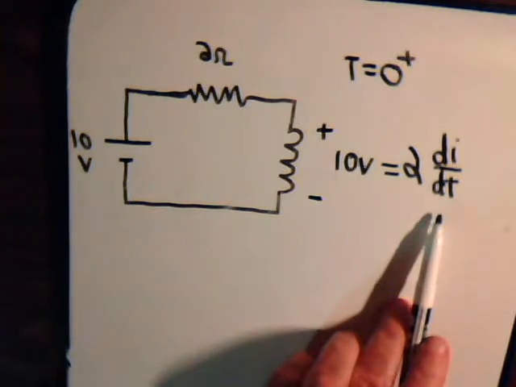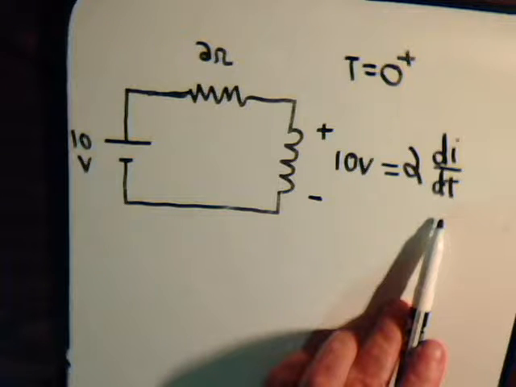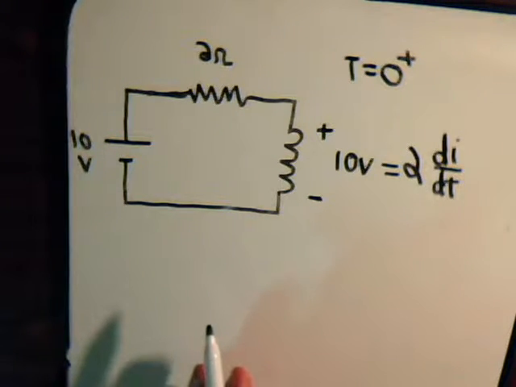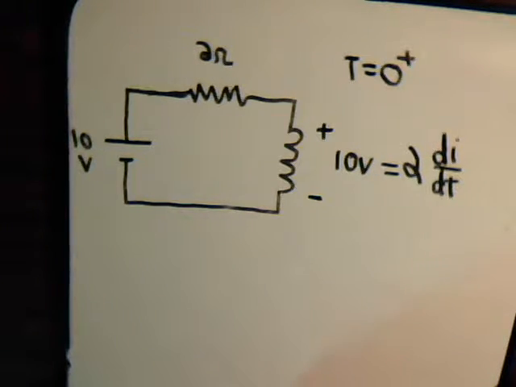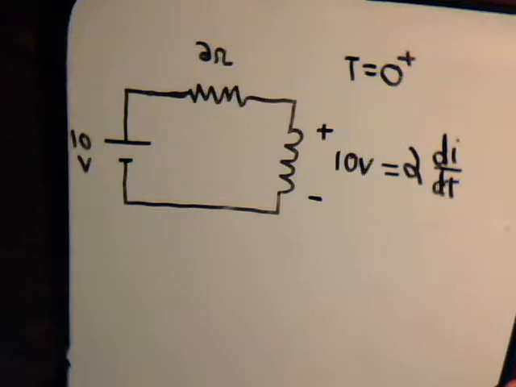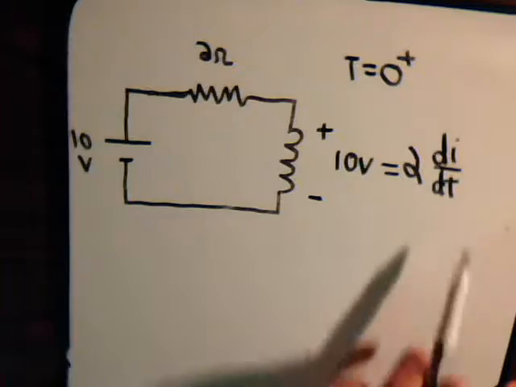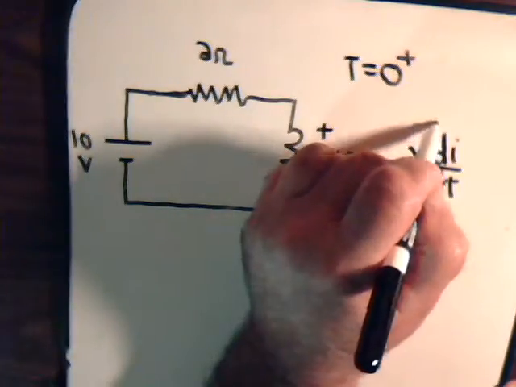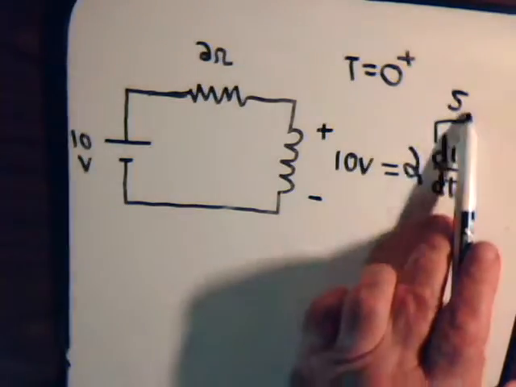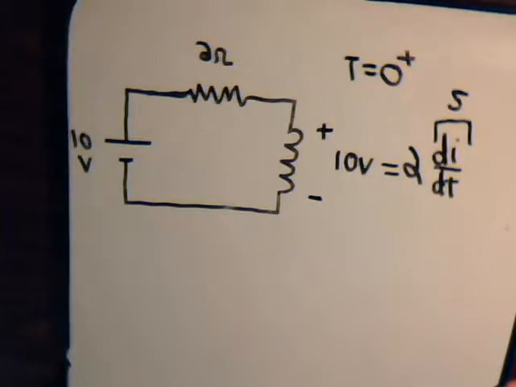It depends on the rate of change of the current. So before it was 0, now it's just a trickle, but that is a rate of change going from 0 to some value. And in fact, at this instantaneous moment in time, right after the switch is thrown, the rate of change in the current will be 5. So that 5 times 2 is 10 volts.